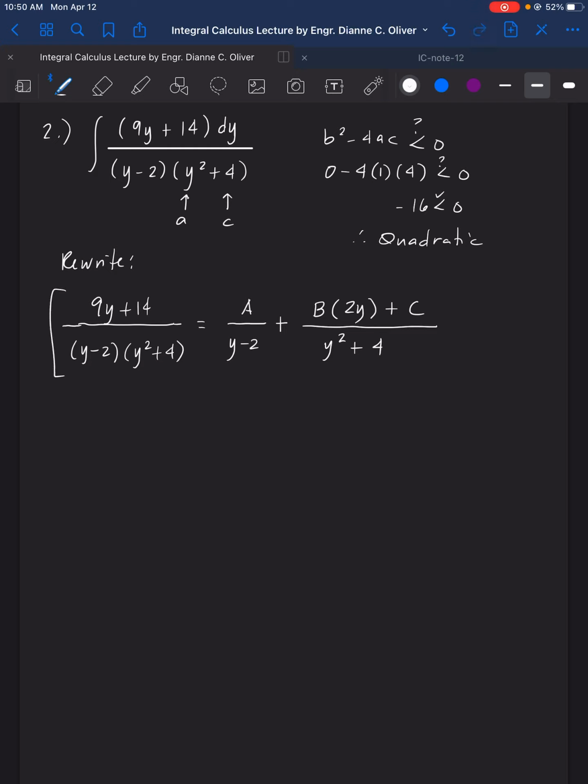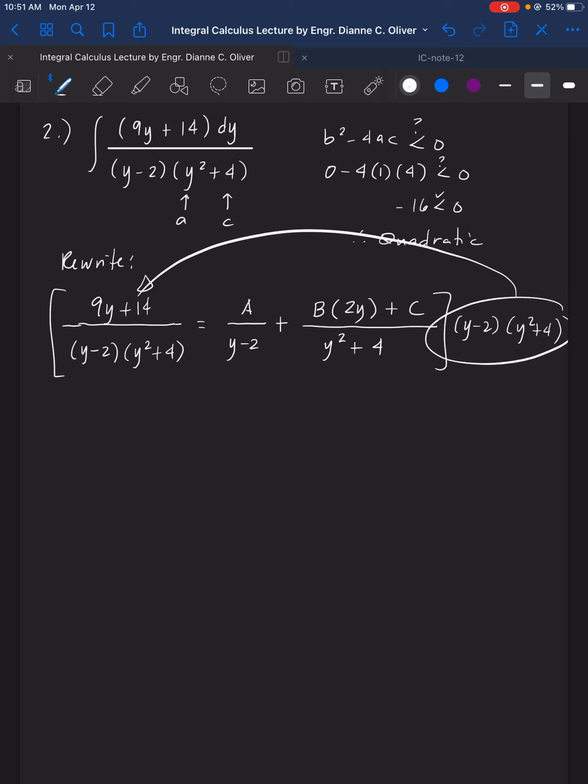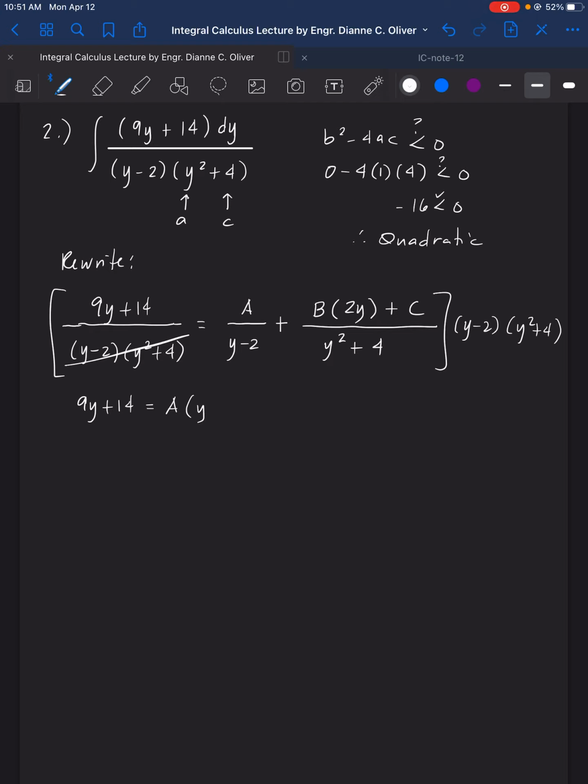Then multiply both sides with the original denominator, (y - 2)(y² + 4). Multiplying this on the left side of the equation, we will cancel this one out. So what's left will be 9y + 14 equals A times (y² + 4) plus, now for B, we will cancel out this one here and then distribute (y - 2).